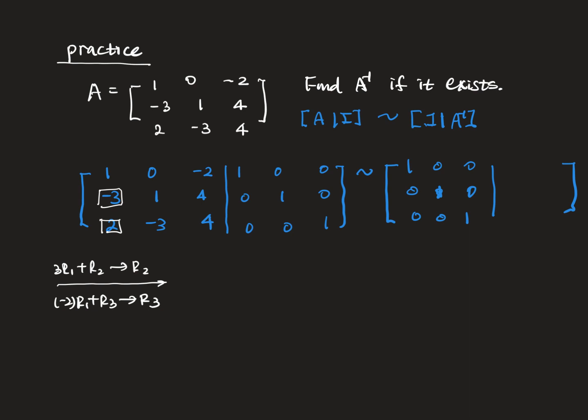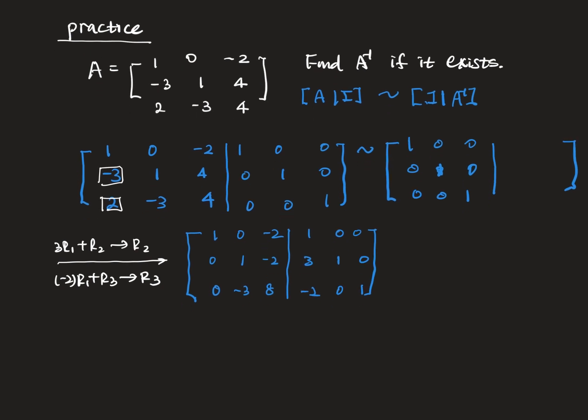So what do you have? You have 1, 0, negative 2, 1, 0, 0. Second row is going to be 0, 1, negative 2, 3, 1, 0, 0, negative 3, 8, negative 2, 0, 1.